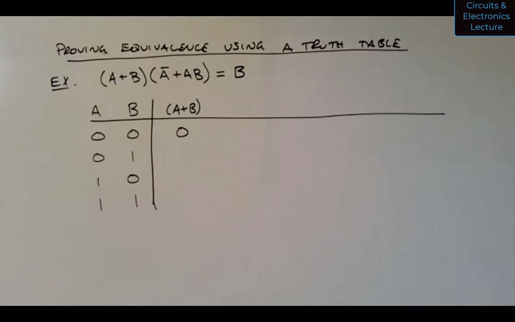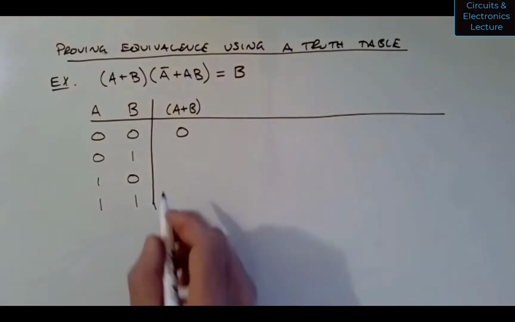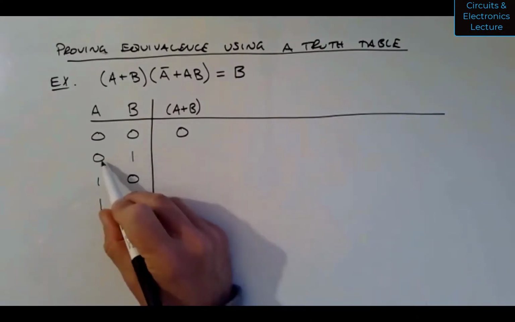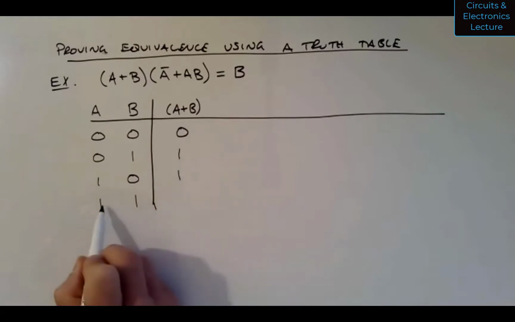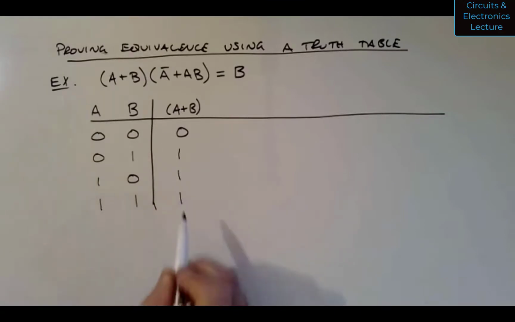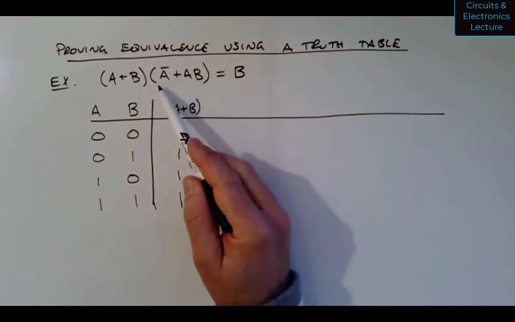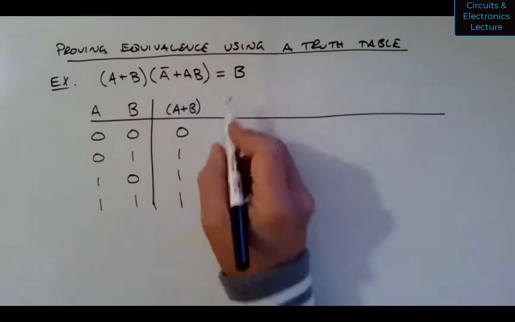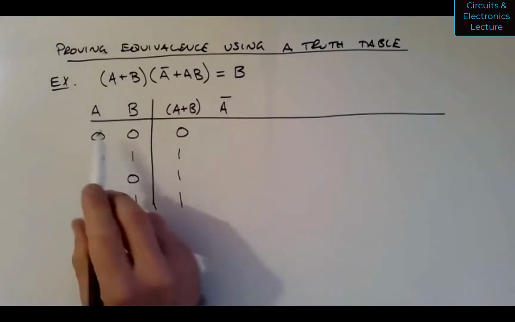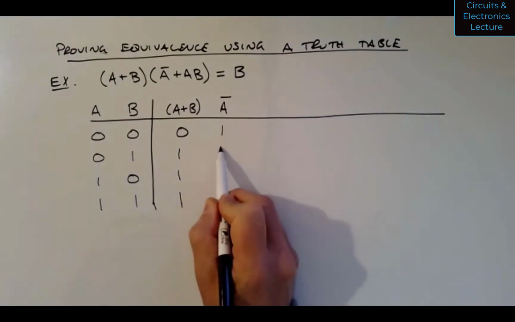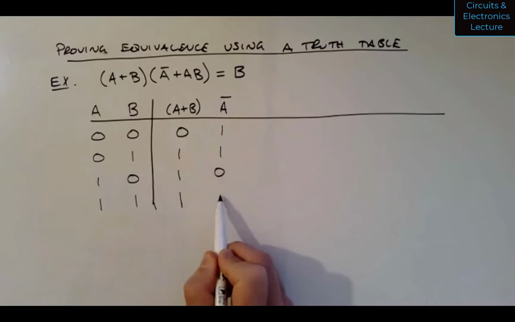The OR gate answers the question, are either or both of my inputs true? So 0 ORed with 1, 1. 1 ORed with 0, 1. 1 ORed with 1, 1. Okay, let's keep building up these terms here. Let's now evaluate A inverse. So I just invert A, so I get 1, 1, 0, 0.